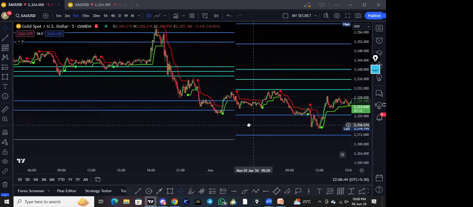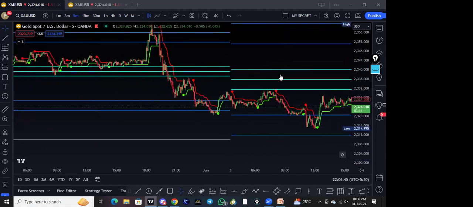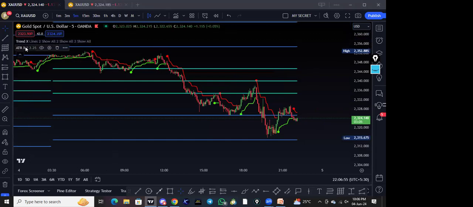One of the things you said was that there was no confirmation, so you didn't take the trade. Maybe you can discuss a little bit more about the confirmations that you look for.